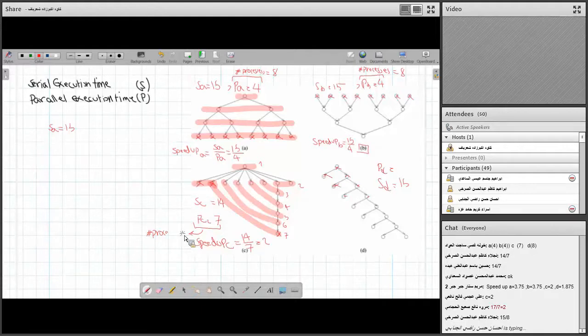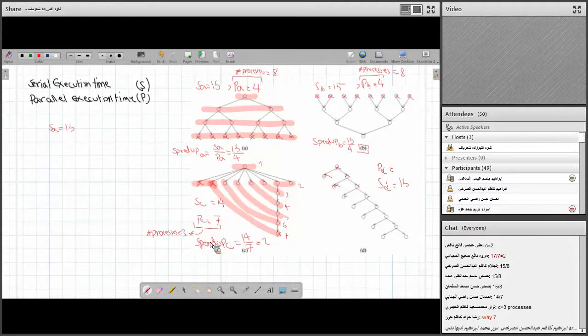Any question for the C figure? Sorry, wait a minute.